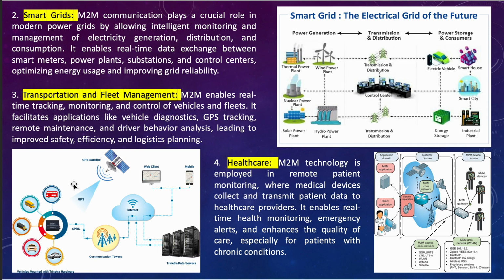Now think of again Internet of Things and machines talking to machines, M2M. We talked about transportation and fleet management, we talked about healthcare. How can we put them together and use them in an IoT application? If you think about it for a moment, what is it?